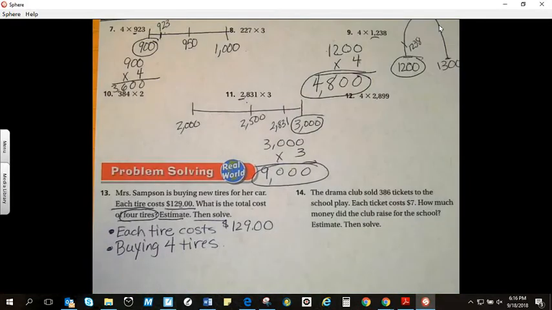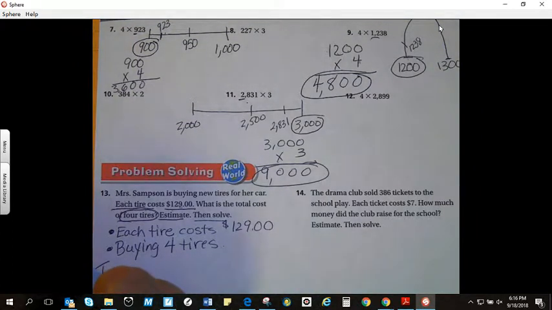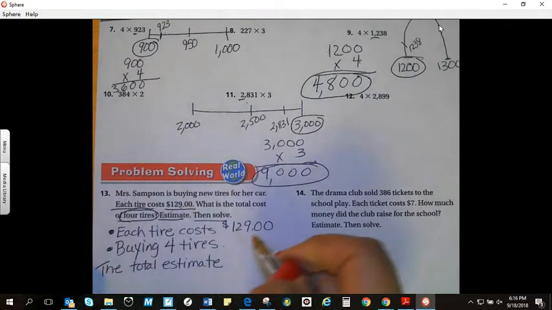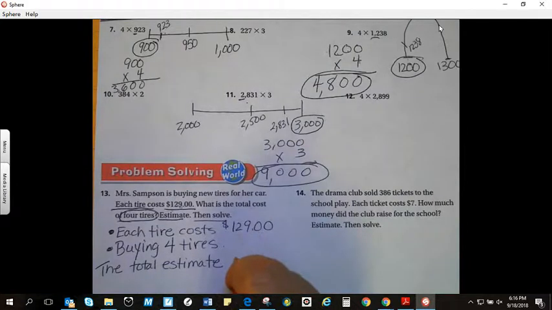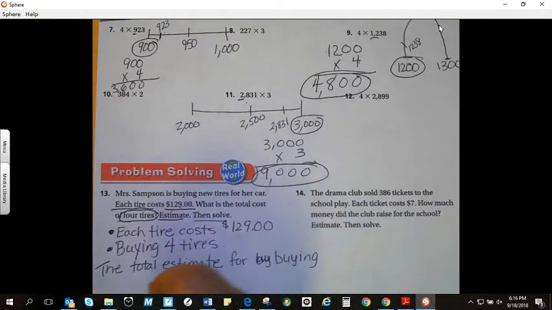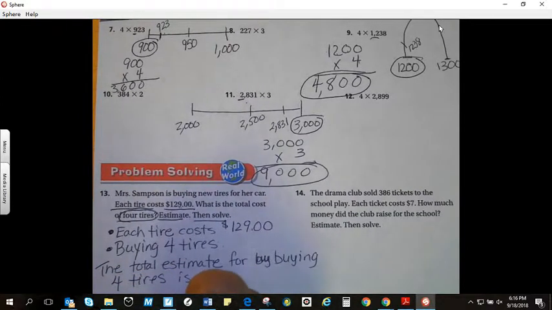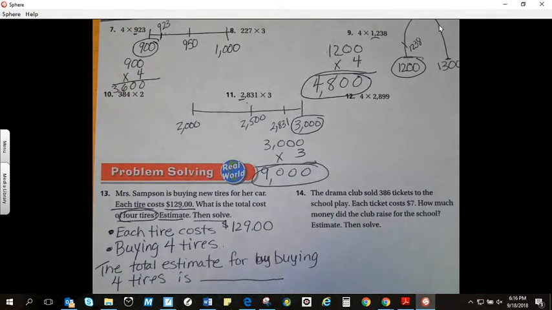Instead of writing out the question, I'm going to put my question into a sentence. The total estimate for buying 4 tires is, or you can phrase it, the estimated cost to purchase 4 tires is.